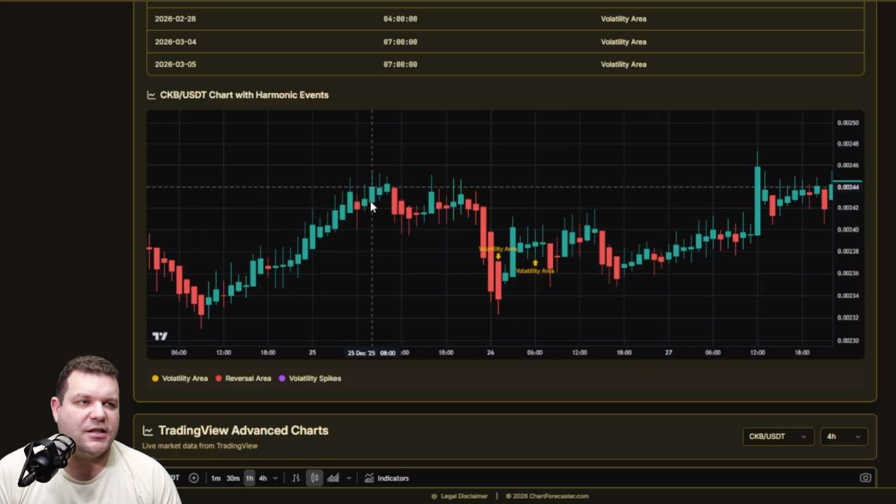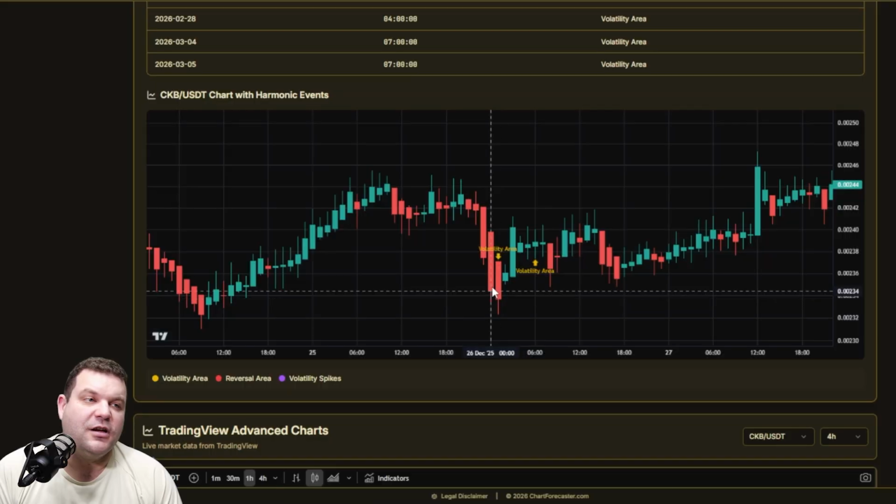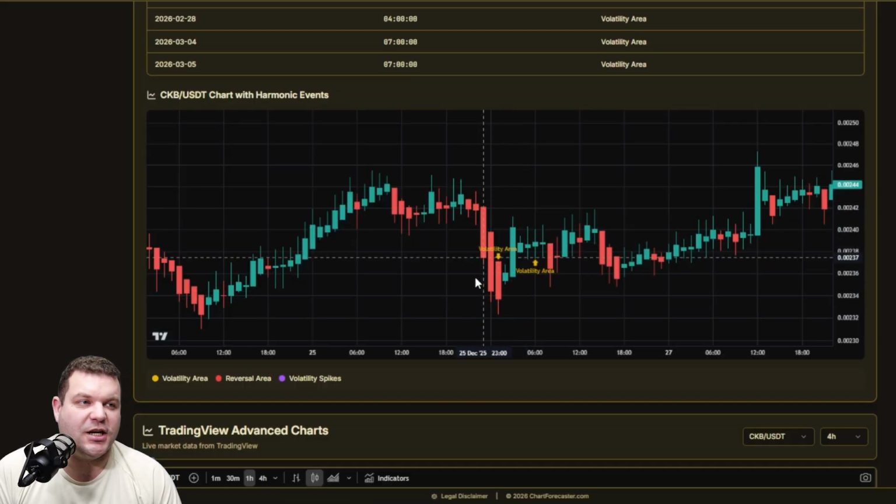So you can see that the price action was really humming along quite nicely, and then it predicted this crazy volatility event within a couple hours, where we saw price shake down and shake out the bulls and the bears here.